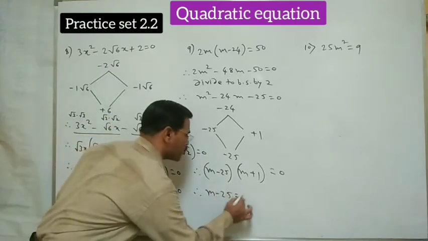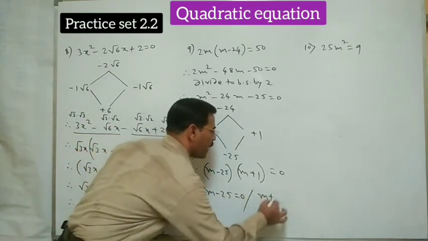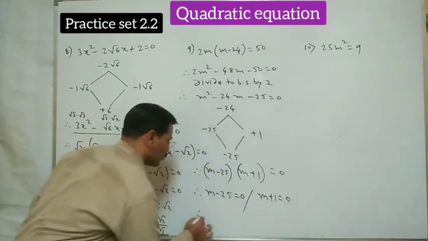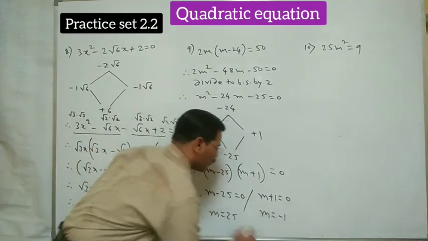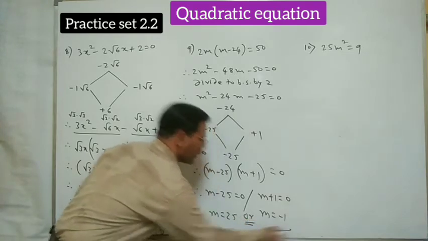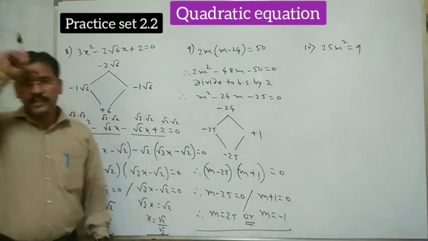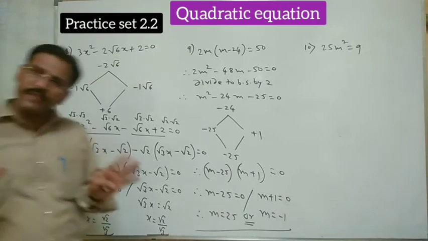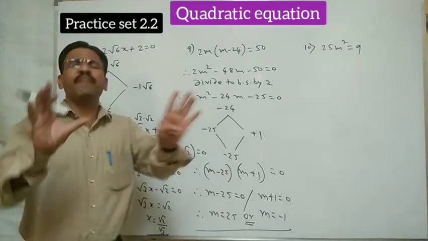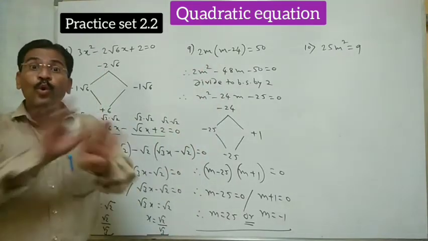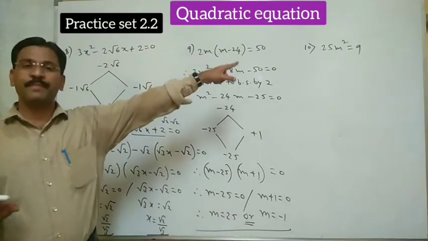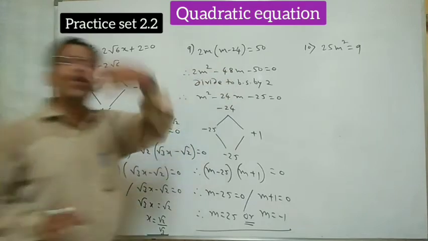Means m − 25 = 0 or m + 1 = 0. Here m = 25 or m = −1. These are the roots of this equation. Understand friends? Look here, very, very simple. That's it. If you observe here, no m means the middle term is absent. Just look here, no middle term.